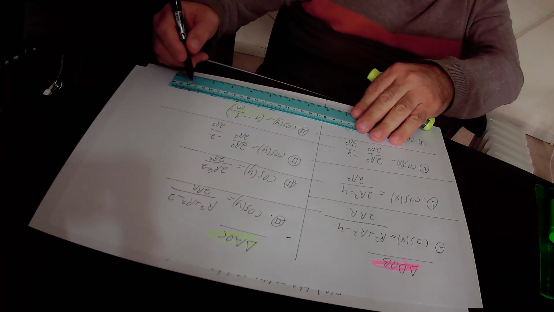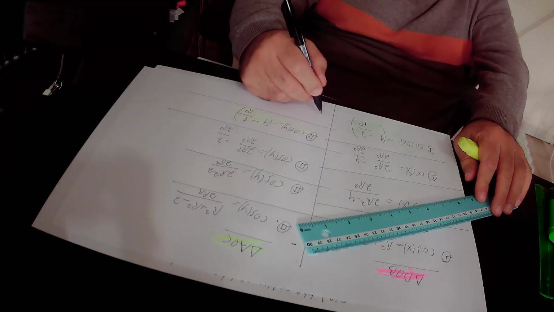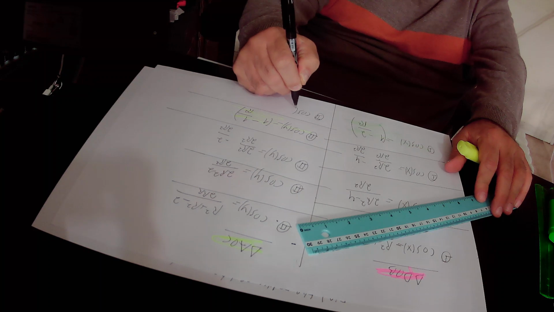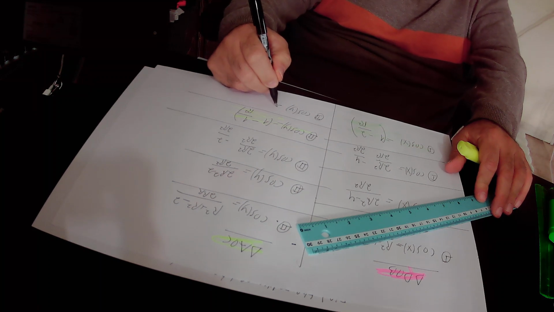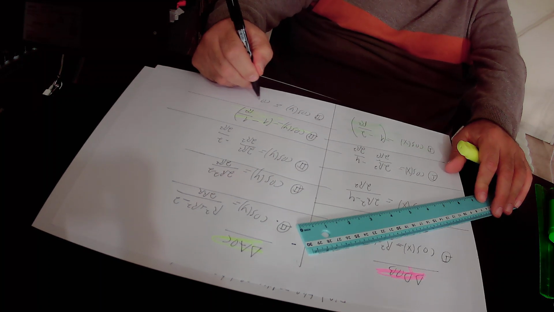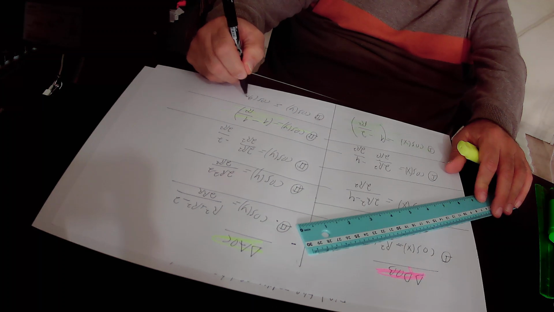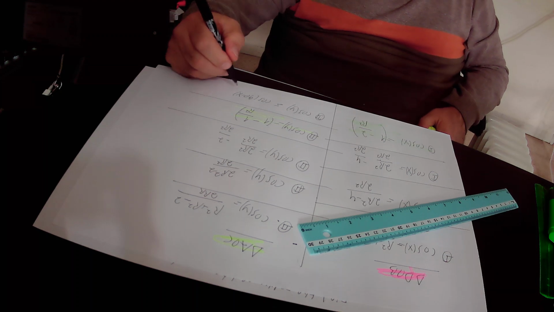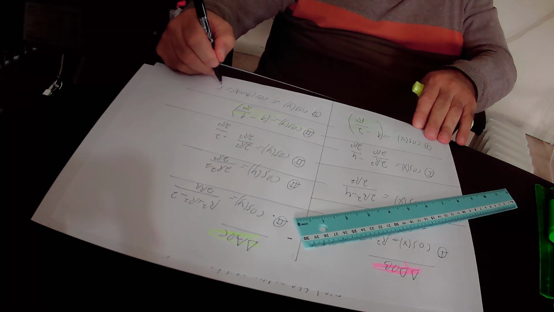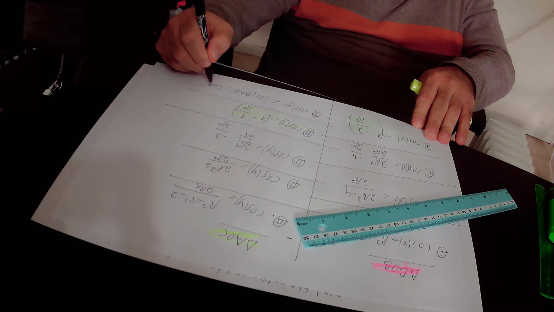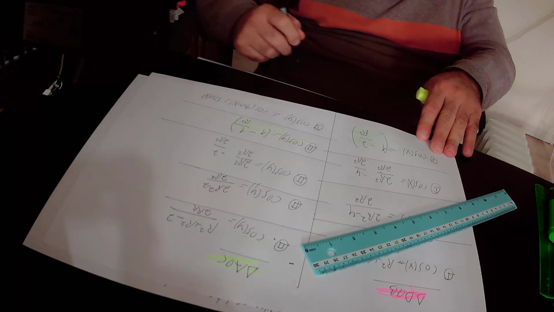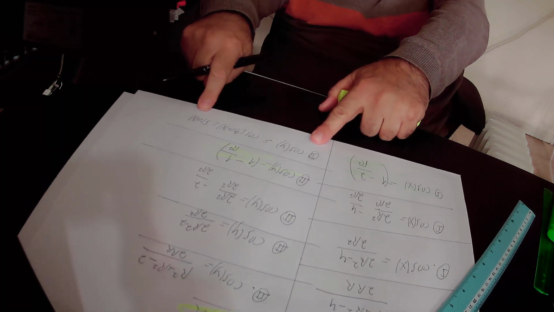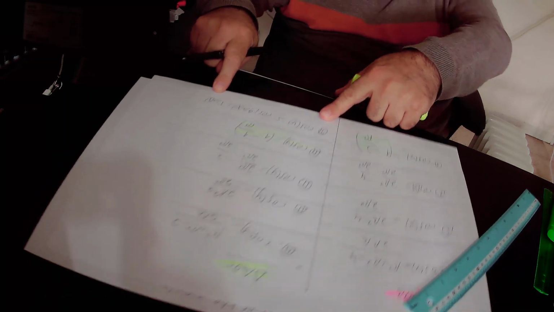And we will get that cosine y is cosine of 90 degrees minus x, and cosine of 90 degrees minus x is sine x. So in conclusion, we found out that cosine y equals sine x. Write it down.